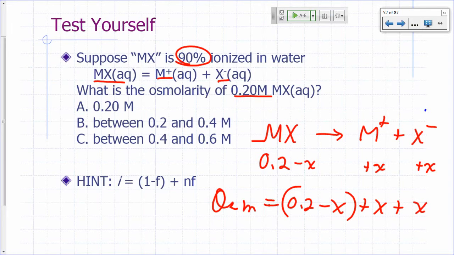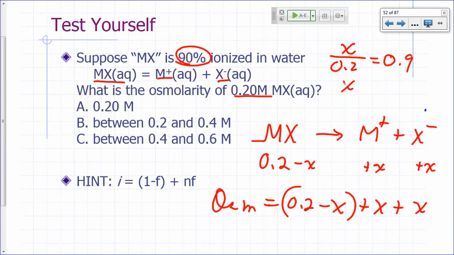How do I figure out what x is? What does it mean when you say it's 90% ionized? That means x out of 0.2 is equal to what? x is 90% of the original, right? x is 90% of 0.2. So x over 0.2 is equal to 0.9. Right?